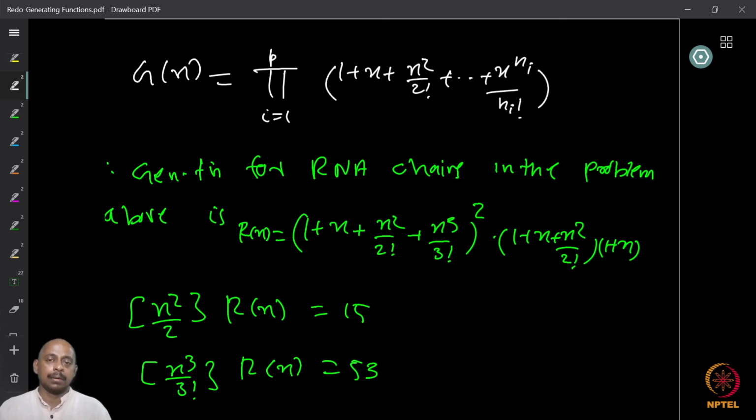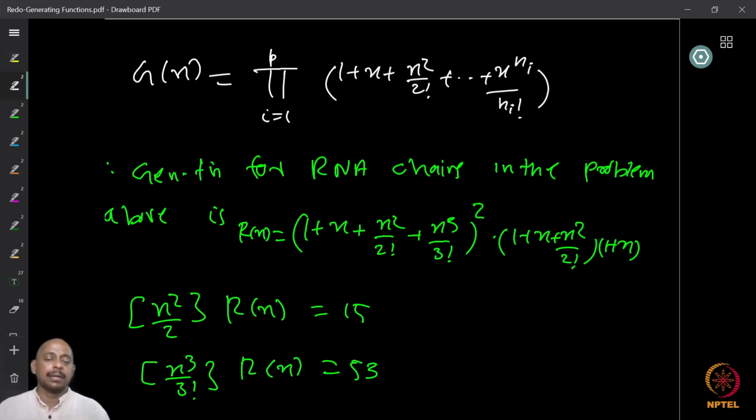This summation represents the choice of either 0, 1, 2, or up to n_i objects of, let's say, type i.